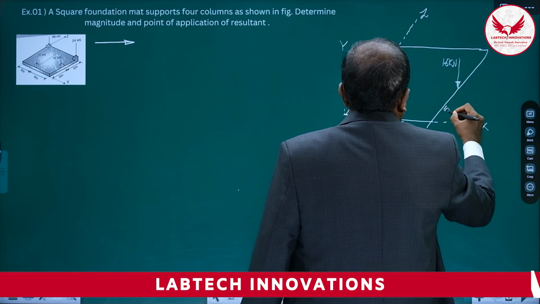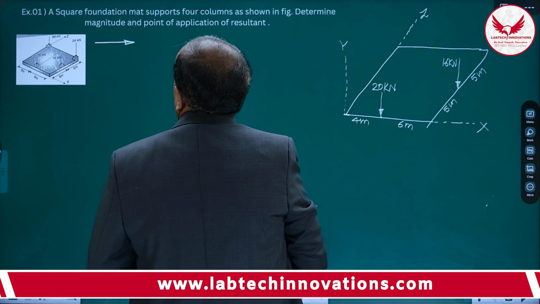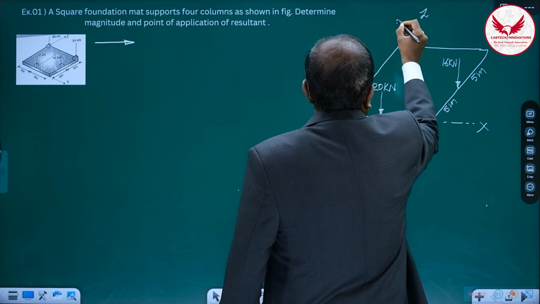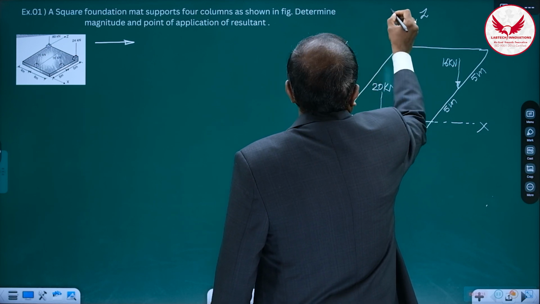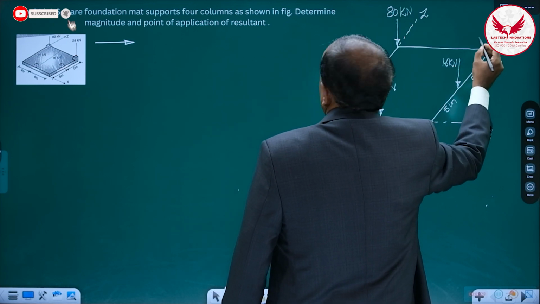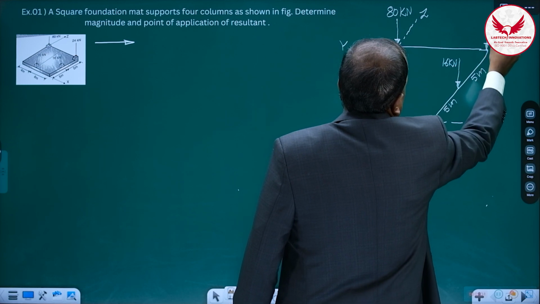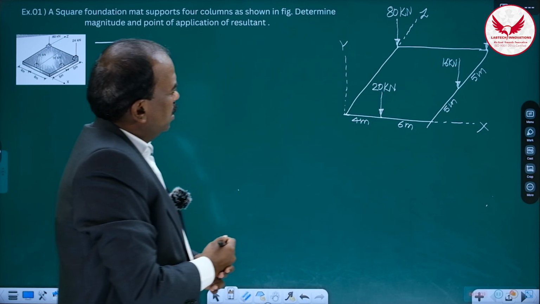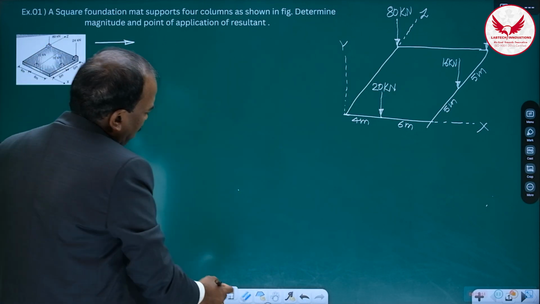And it is 5 meter, it is 5 meter. Again, 2 columns are there. One is at this place, its value is 80 kilonewton. And one will be at this corner, 24 kilonewton. So this is going to be the sketch you are supposed to draw in the exam also.